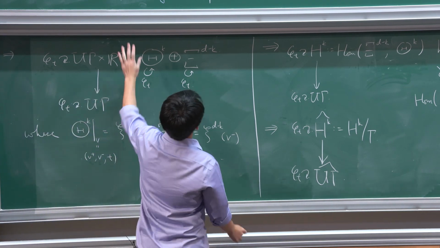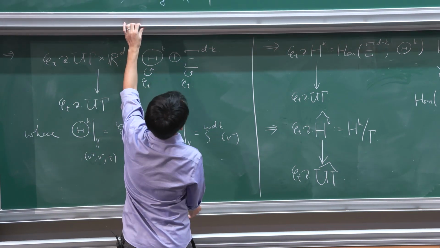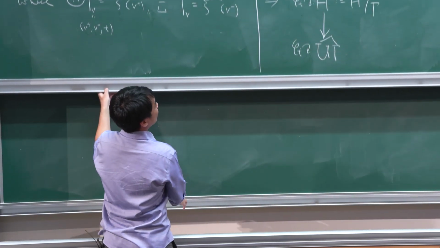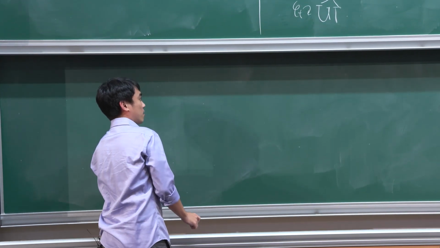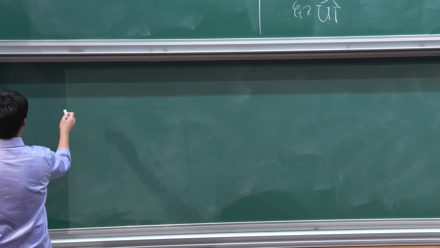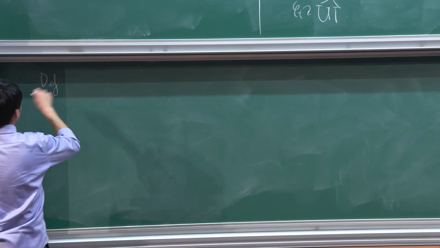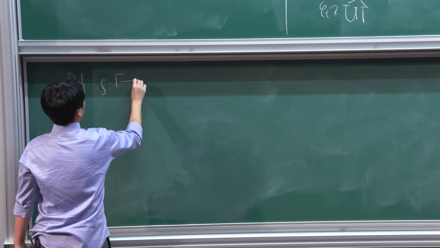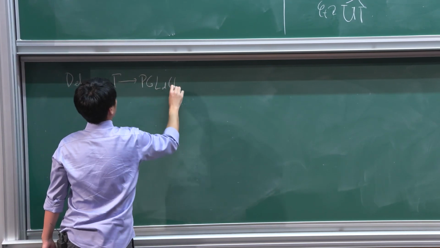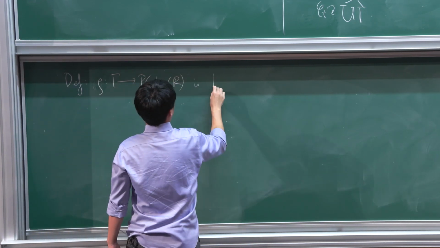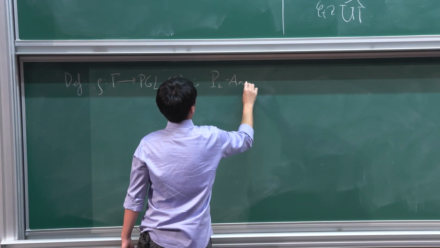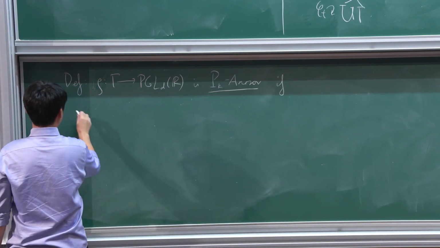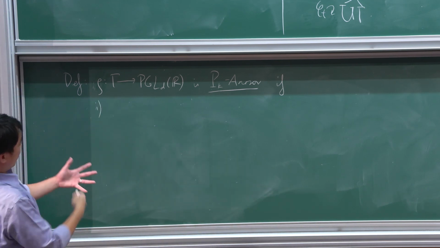Okay, so now we can make the definition of an Anosov representation. Definition. A representation rho from gamma to PGL(d,R) is P_K Anosov if the following conditions hold. First, I want to be in the setup where I can do this.